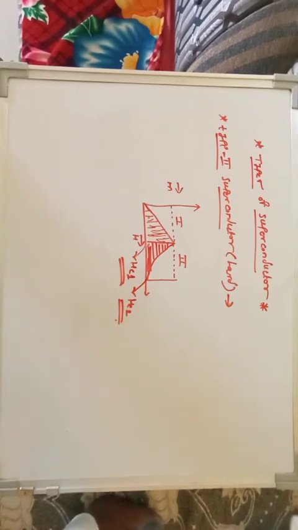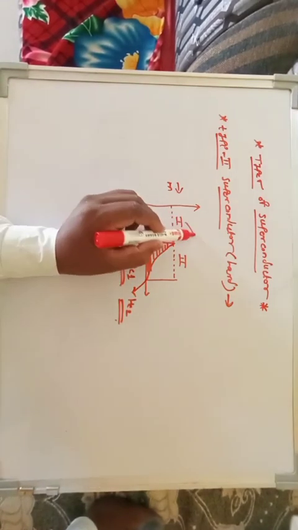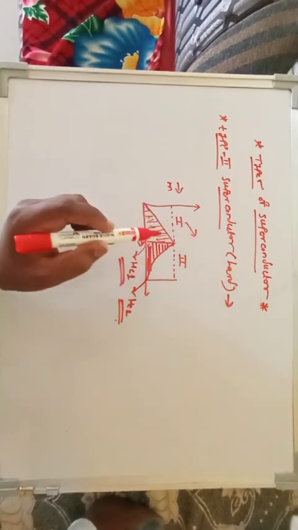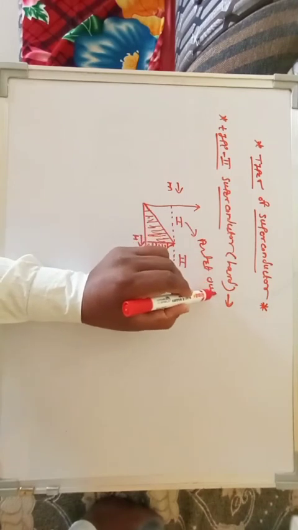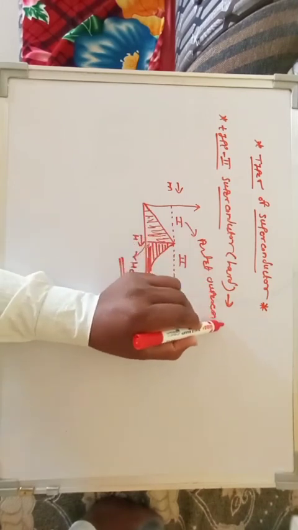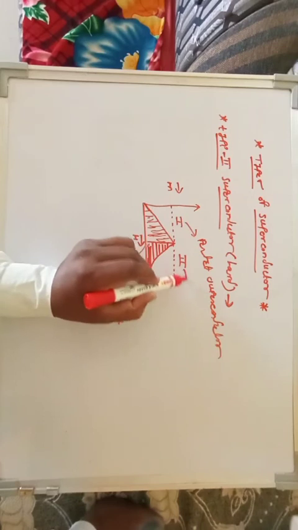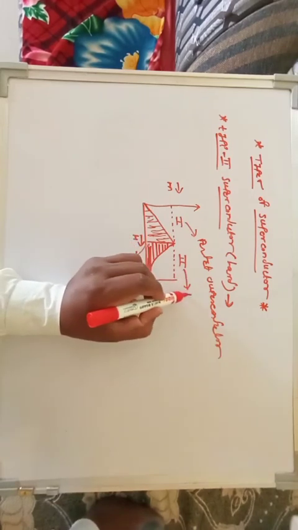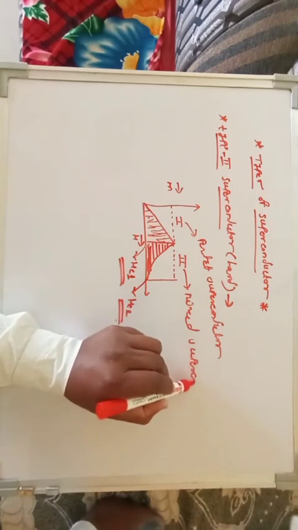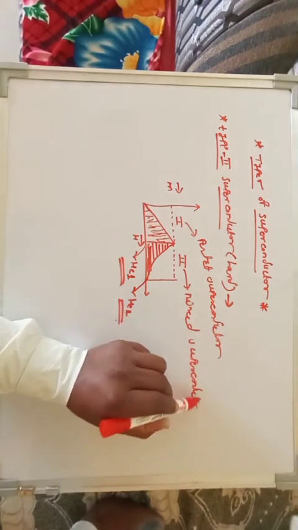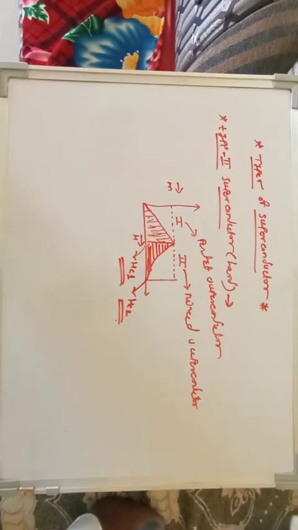So the first part indicates it is a perfect superconductor, and the second part is a mixed superconductor. You should see the difference. The first part is your perfect superconductor, and the second is your mixed superconductor.